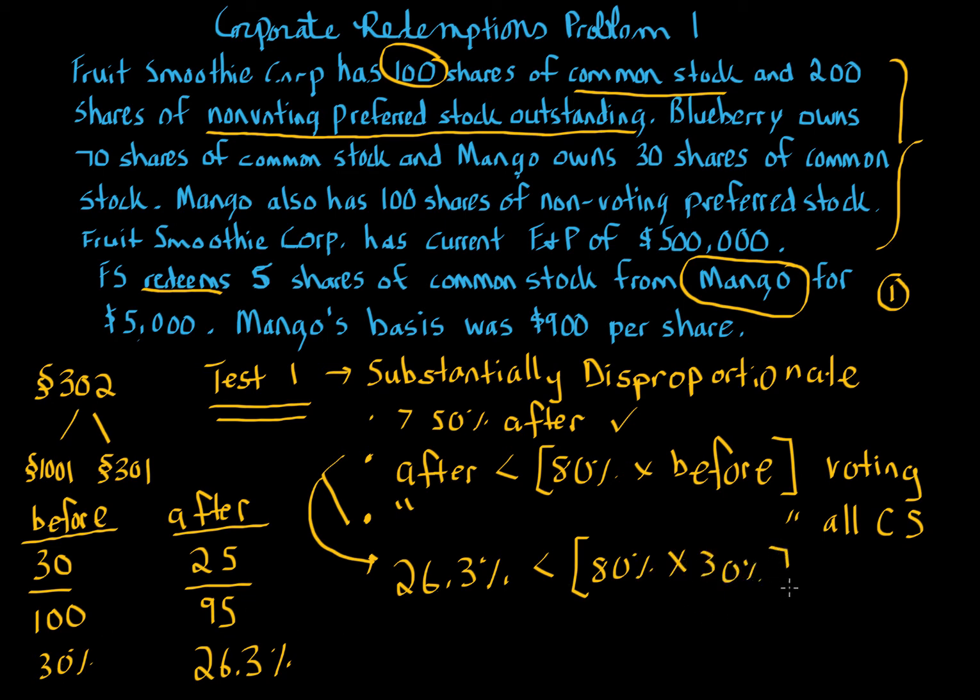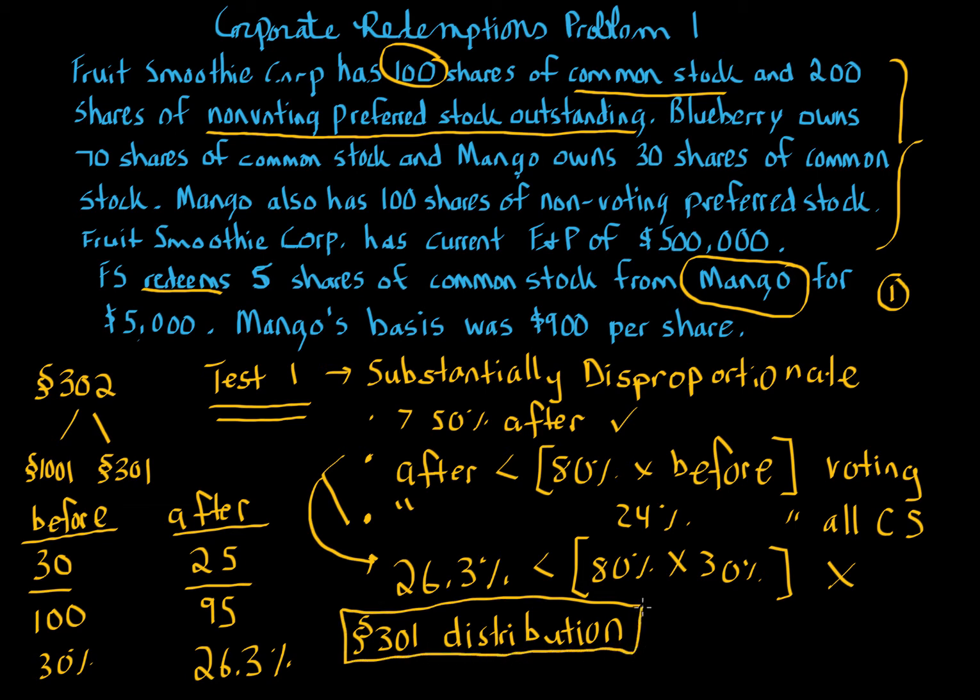Again, these are both viewed the same because there are no differences in the common stock. It's all voting. 80% times 30% is 24%. Is 26.3% less than that? No, it's not. Therefore, this is not going to be a Section 1001 amount realized minus adjusted basis. This is going to be a Section 301 distribution under Test 1. Tests 2 and 3, as we mentioned, also fail.